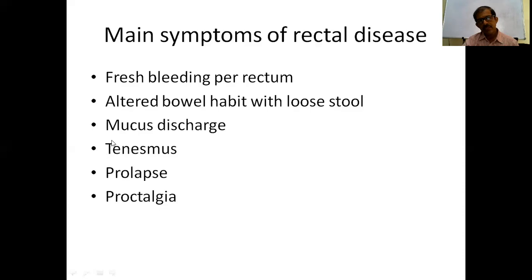Tenesmus is a peculiar symptom wherein the patient gets an urge to defecate, but cannot because of either pain or obstruction. Only mucus or a few drops of blood he will discharge. That is very important.